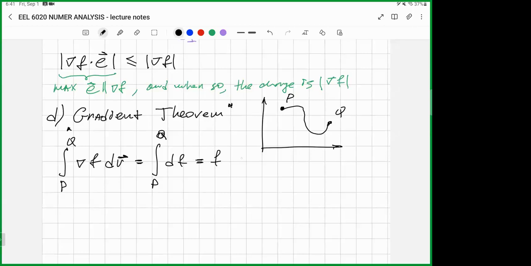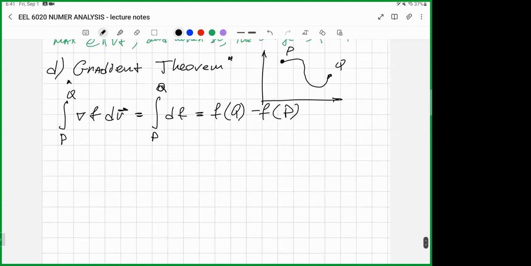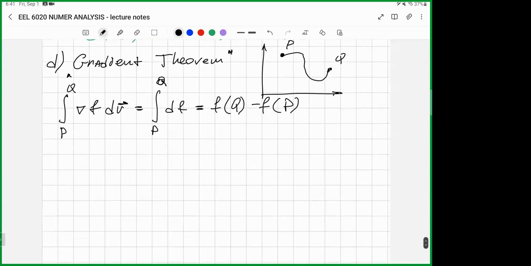So it will be f at the point Q minus f at the point P. So this is basically the gradient theorem. Let me rewrite this here: the integral from P to Q of gradient f dr is equal to f(Q) minus f(P).